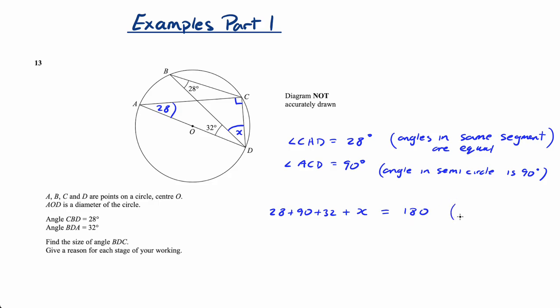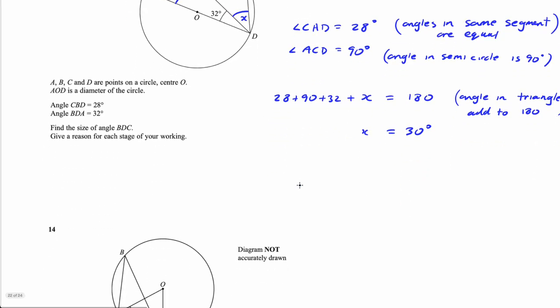But if you want to be super safe, do say angles in triangle add to 180, and then you can find out what X is. 28 plus 32 is 60, 90 plus 60 is 150, so X is equal to 30 degrees. Okay, so there we have angle in a semicircle, and angles in the same segment.